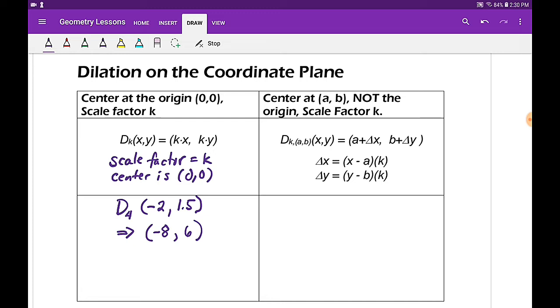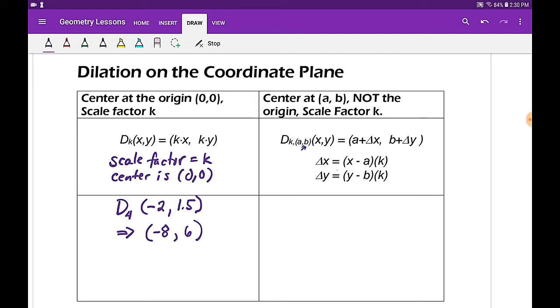For example, the dilation of the point with coordinates x, y with scale factor k centered at a, b will be equal to a, the x coordinate of the center, plus delta x, and b, the y coordinate of the center, plus delta y.